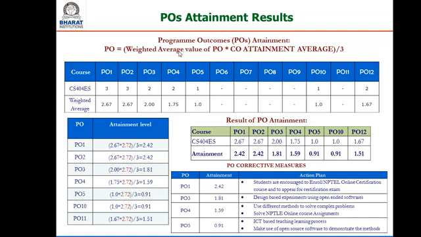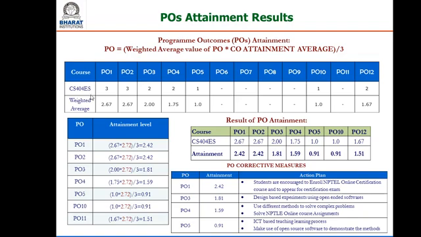See, the weighted average value of PO can be obtained from the CO-PO matrix, where every PO-wise weighted average value is there. Then CO attainment average is the overall attainment of CO of that particular course, which we have averaged. That value is common for all the PO computations.